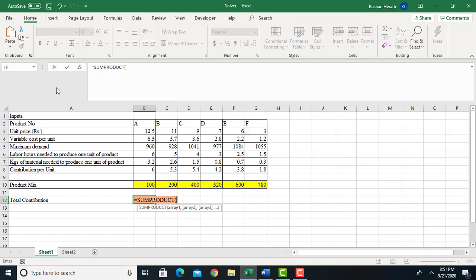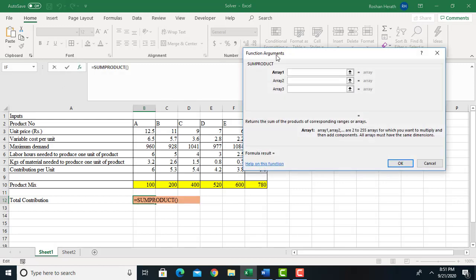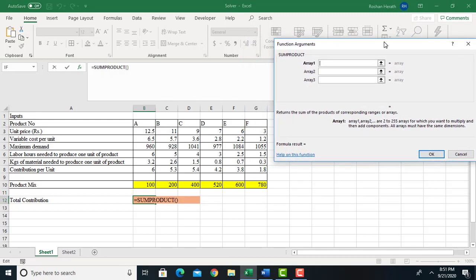In that, you can simply multiply and get the summation of the columns or rows. So you want to multiply the rows, therefore we take them as arrays.